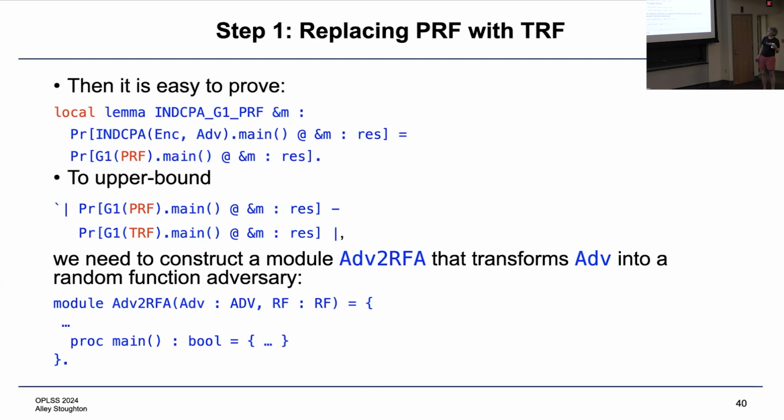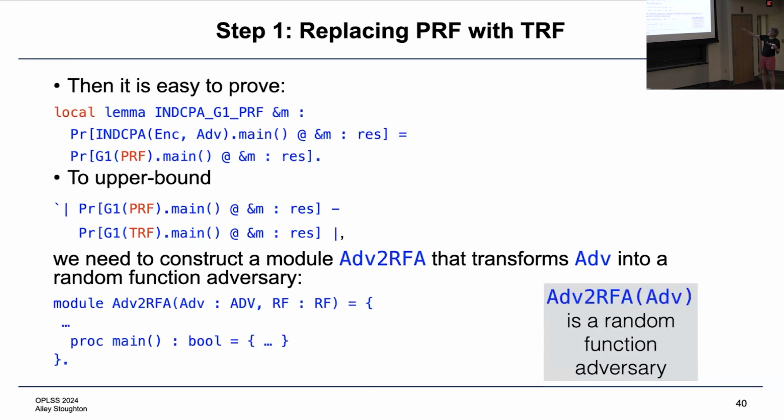The way to think about this is that it's curried, despite the fact that the syntax doesn't look that way. If you call AVtoRFA with just a symmetric encryption adversary, it's left waiting for a random function and then has a main procedure that returns bool. In other words, it's giving us a random function adversary.